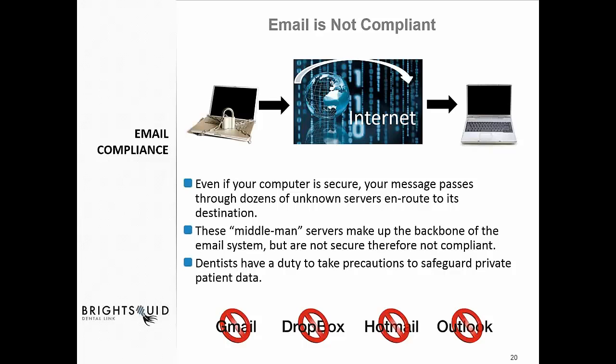All of the systems I listed previously, Gmail, Hotmail, Outlook, Apple Mail, they all use these middleman servers to transmit that type of data. At any one of those servers, that information can be compromised. The way we tend to look at it is the data in your office, we consider that data at rest. When you're sending that information, we call that data in motion, and it's important to be encrypted in both areas.